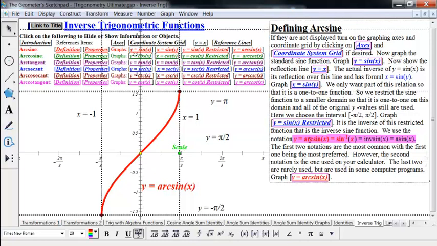The first two are pretty common, and the second one with the sine with a superscript looks like a negative 1 exponent, but it's not an exponent. That one is very common, and it's used on your calculator. So I will use that one quite a bit, just because it's on your calculator, even though I prefer to use just arcsine.